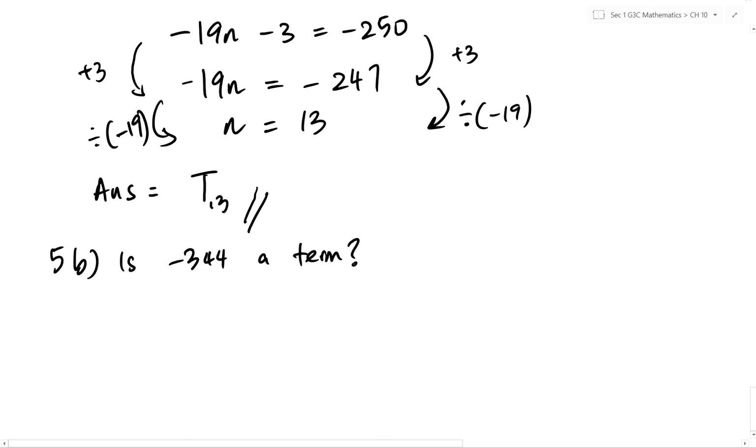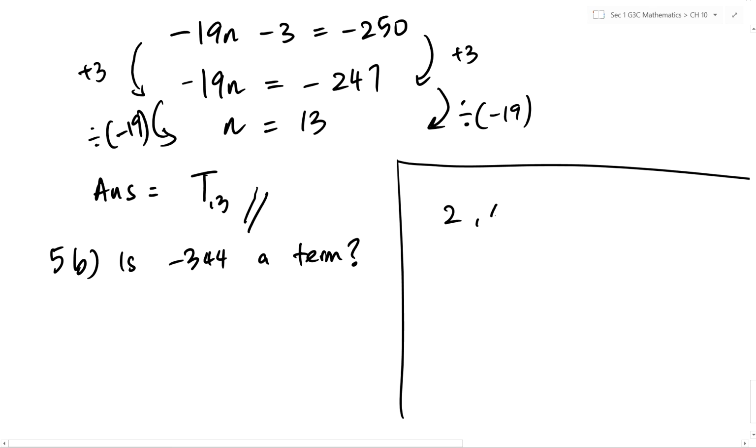Huh? Term means, okay, if I give you a sequence, a number sequence that looks like this, 2, 4, 6, 8, 10, so on and so forth. Do you see the pattern over here? Plus 2, right? Or you can just times multiples of 2, right? This is term number 1. Can you tell me what is term number 4 in this sequence?